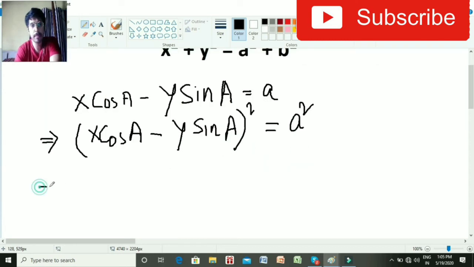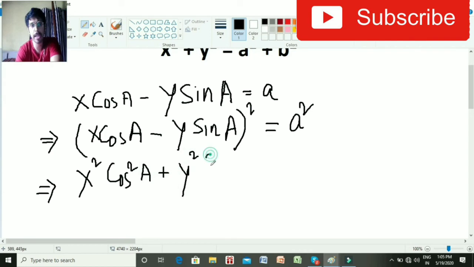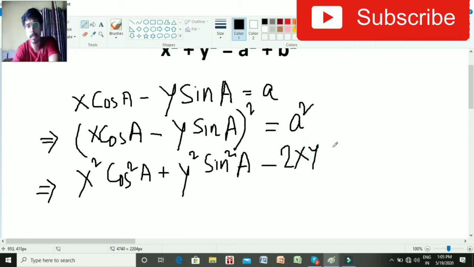And let us expand it now. So it will be x square cos square A plus y square sin square A minus 2 xy cos A sin A.